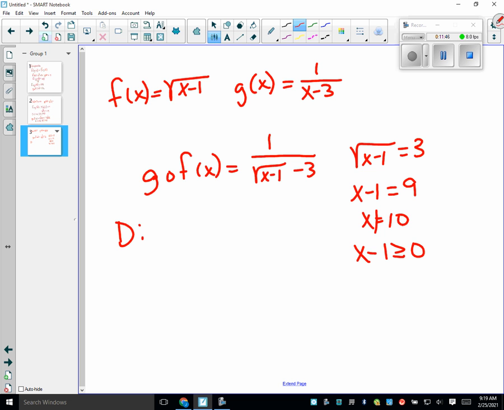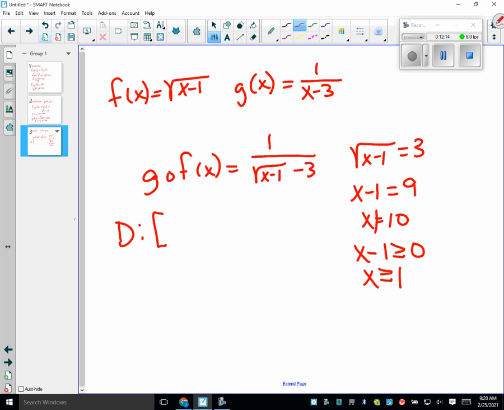So x is greater than or equal to 1. So how am I going to write my domain? Doesn't it start with a bracket? Does this say x has to be greater than or equal to 1? Yes. So is that bracket 1 to infinity? Yes.